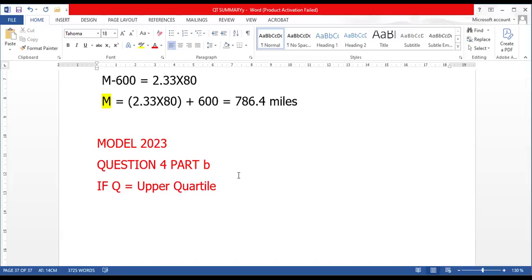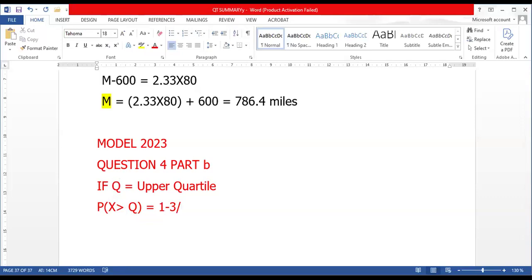then I can say that the probability of X must be greater than this. For me to get the probability of X greater than this, here you are supposed to say it is always 1 minus 3 out of 4, because the upper quartile is 3 out of 4.